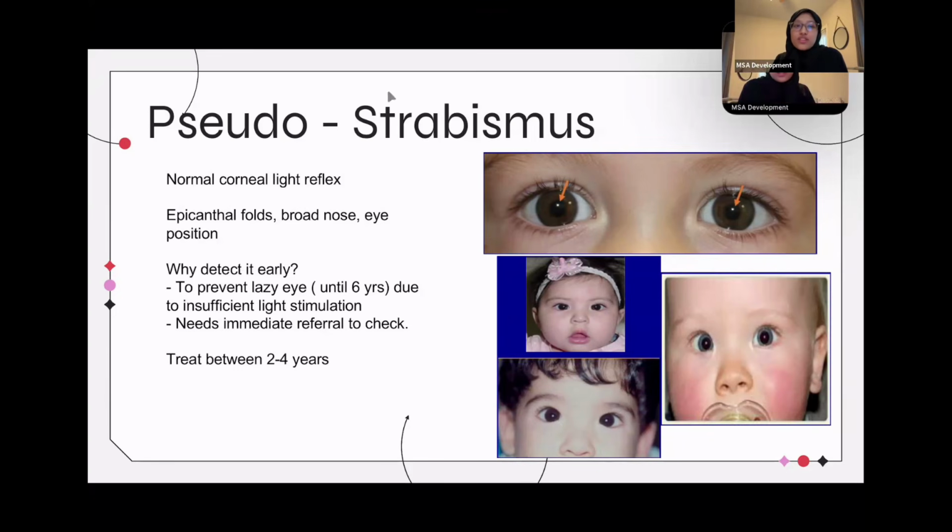So it's fake if the normal corneal light reflex is there. Why does it look like strabismus? That can be because of the eyes' placement, like they are too close or too far away, or because of epicanthal folds, like here, extra folds in the skin, and the nose looks big. Anything like that can cause it to look like strabismus.